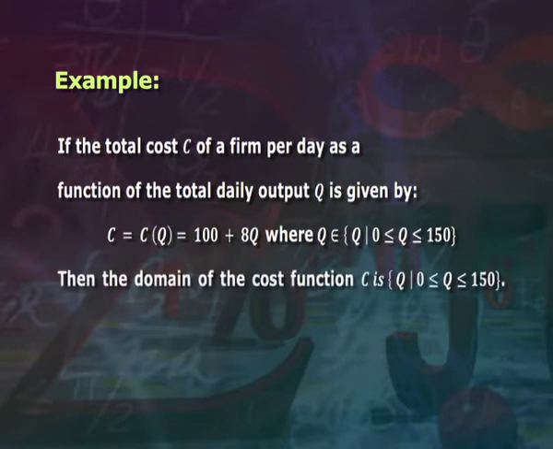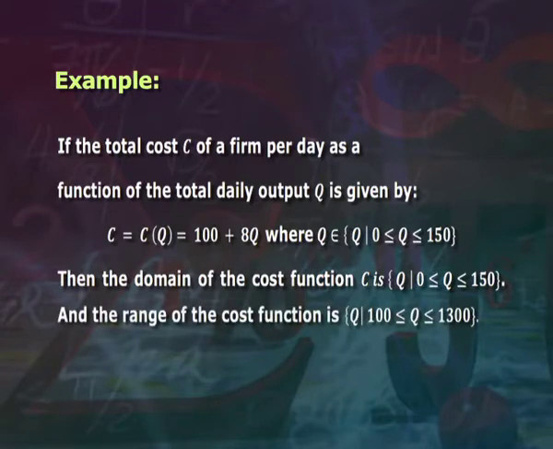Then the domain of the cost function C is the set of Q such that Q is between 0 and 150, and the range of the cost function is the set of values between 100 and 1300.